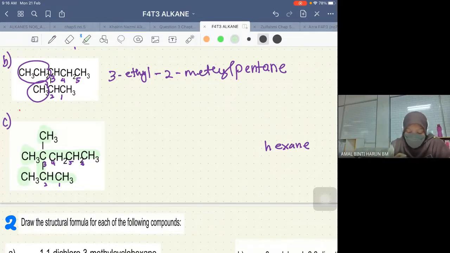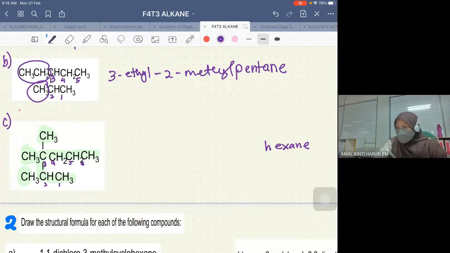So we have 3 methyl. That's the location of methyl: carbon number 2, 3, and 3. Okay. Is there any other way to number it? We numbered from the upside part. 1, 2, 3, 4. So better we number from below because the total number of substituents gives the lowest possible numbers.